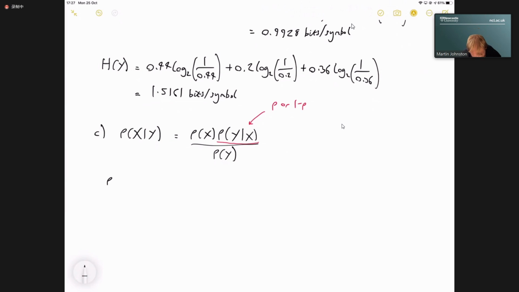So if we want to calculate the probability X equals 0 given Y equals 0, then put the values in.